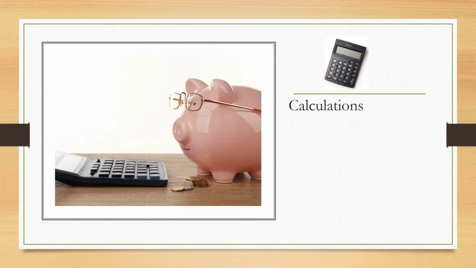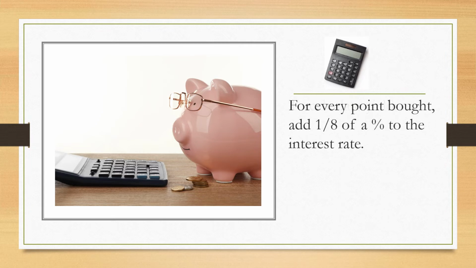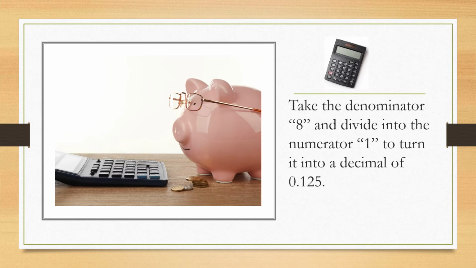Calculations. To calculate yield, for every point bought, add 1/8 to the APR. Take the denominator, the 8, and divide into the numerator, the 1, to turn it into a decimal of 0.125.